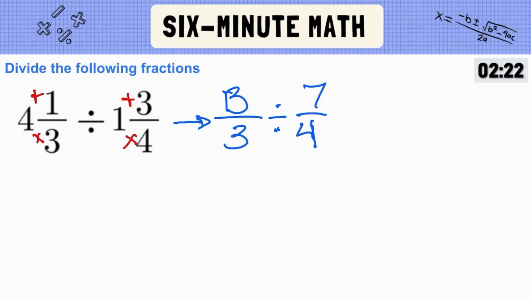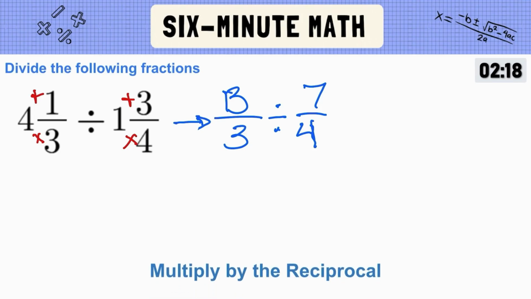For this division, I'm going to multiply by the reciprocal. Nothing changes in our first process, which is keeping our first fraction the same. We are going to change our division to a multiplication. And we are going to take the reciprocal, which is a fancy term for flipping a fraction. 4 over 7.